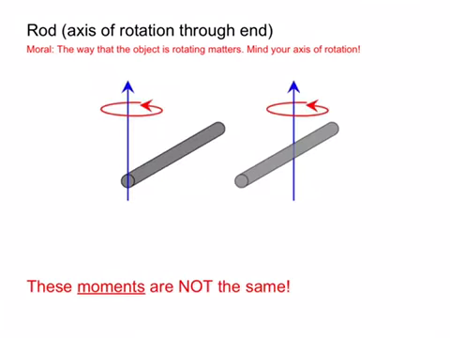So mathematically, the reason why the location of the axis of rotation matters is because each of our mass elements were located in different places with respect to the axis of rotation. So when we did our integral, yes, we did talk about the same mass elements, right?